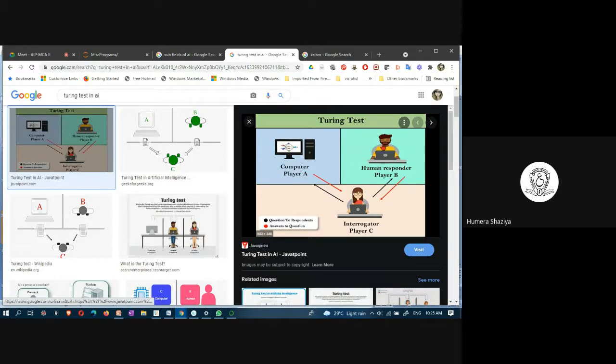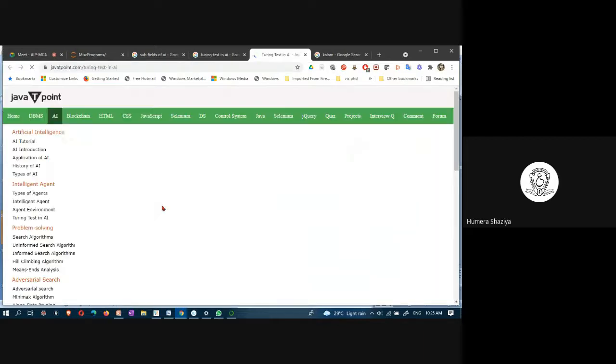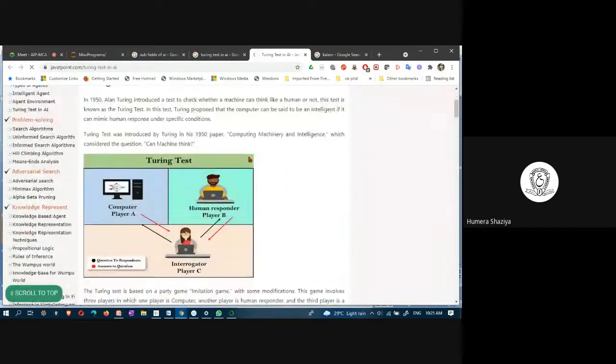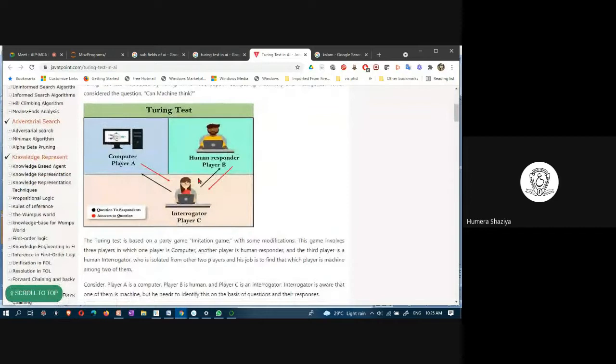Inside another room there is a human, and there is a third room in which there is another human. These three can't see each other, and no one knows who is in which room.